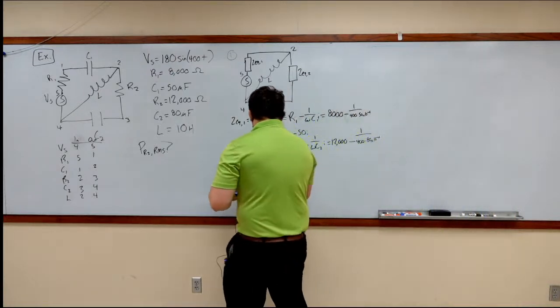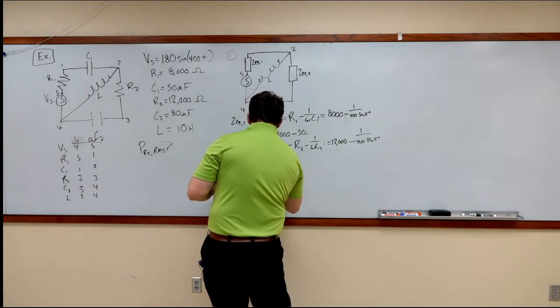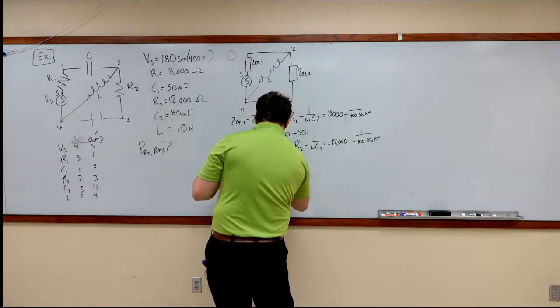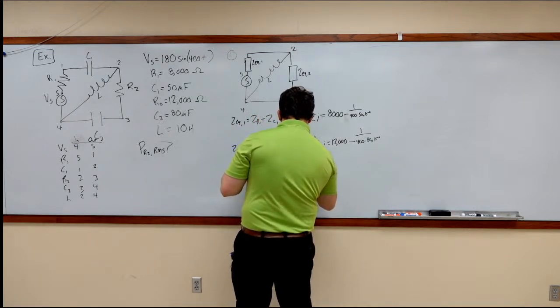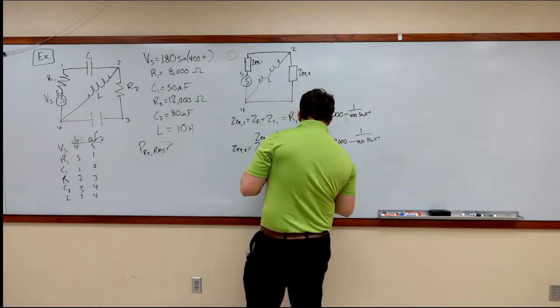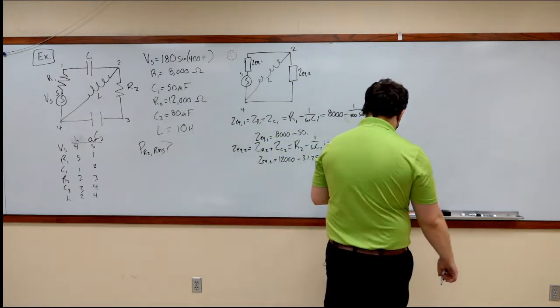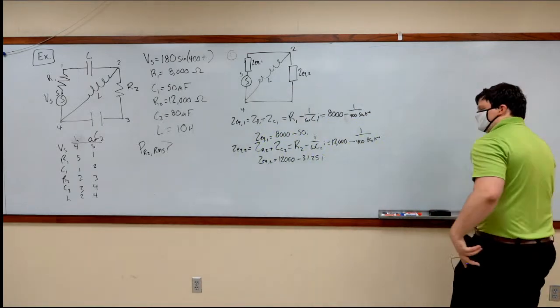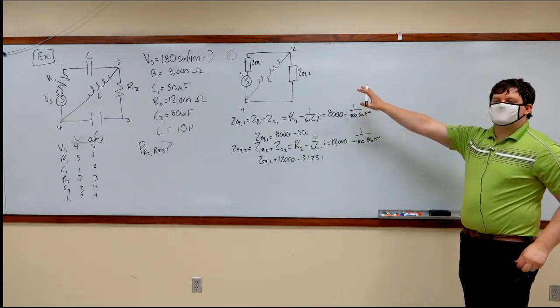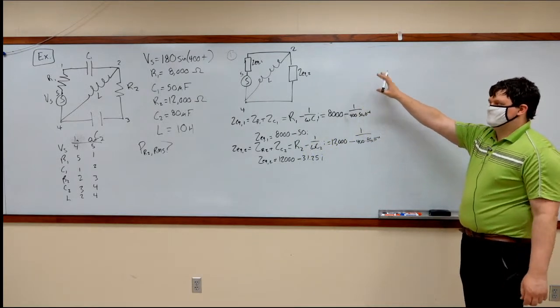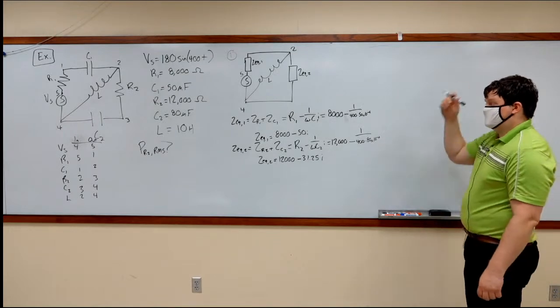So ZEQ2 is equal to 12,000 minus 31.25i. Okay, so we've got that entire problem now figured out. Great.